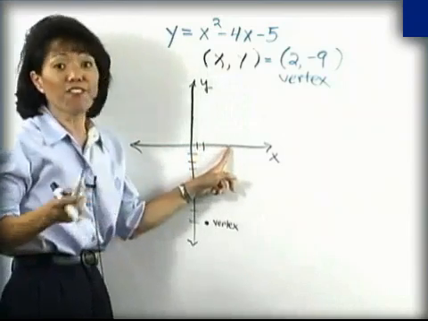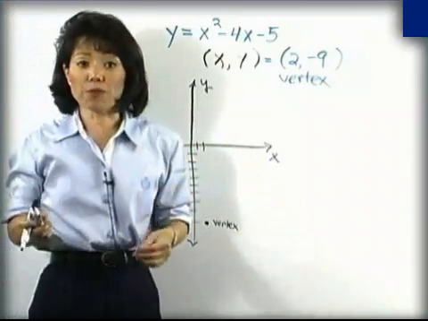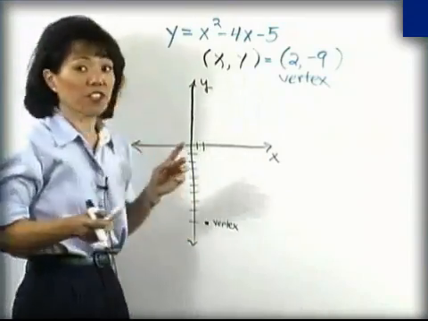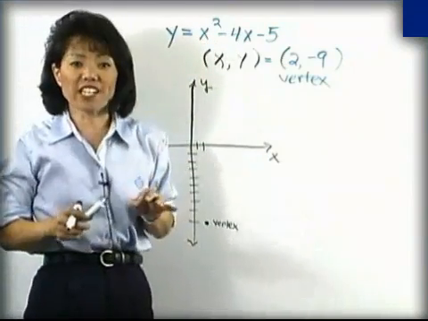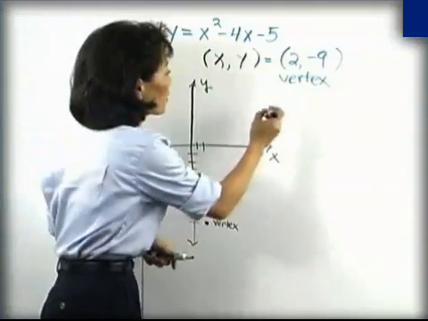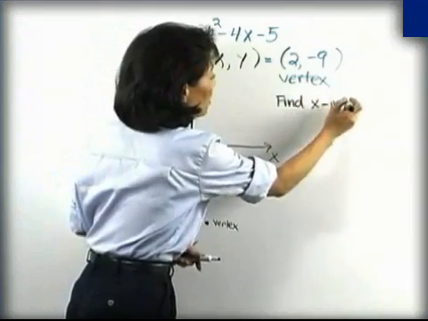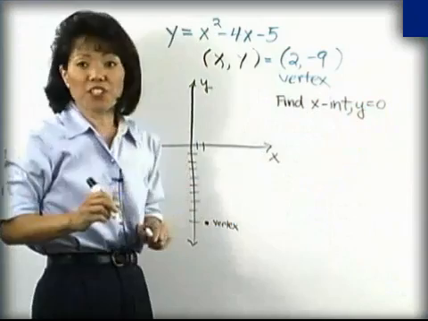Pick another point, (5, 0). No matter where we are on the x-axis, y is equal to 0. So if we want to find out where our parabola is going to cross that x-axis, we can take the original equation and let y equal 0.